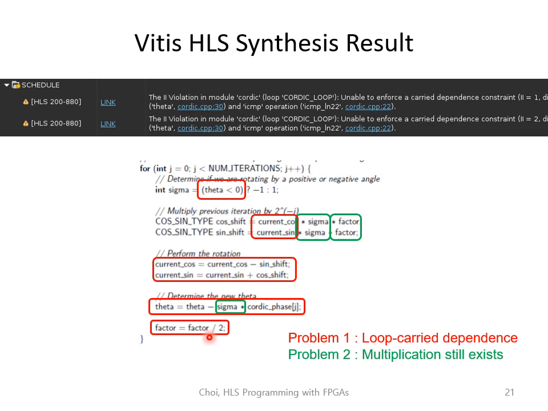So we need to optimize this baseline design. What we're going to do is change the variable type to efficient fixed point representation so that the loop can be pipelined to II equals to 1. And we're going to learn the basics of the fixed point representation in the next class.